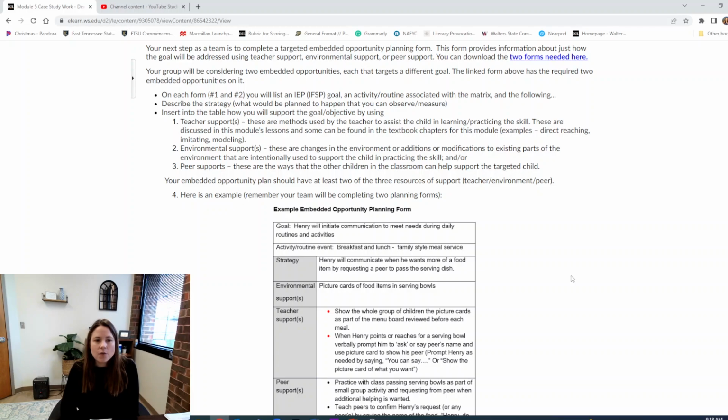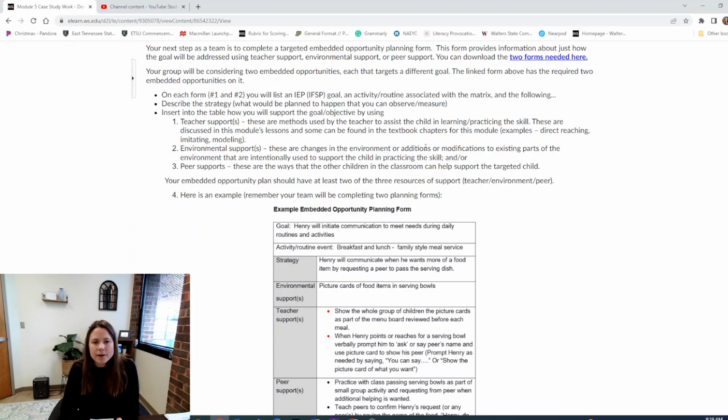Okay. So on each form, you will list an IEP goal, an activity, a routine. You're going to describe the strategy, what you plan to happen when you observe, and you're going to insert in the table. So when you're doing this, you're going to be looking at the teacher supports. Now remember, these are any methods that you use to assist the child in the learning or practicing of the skill. Okay, so this could be direct teaching, imitating, modeling, those sorts of things.